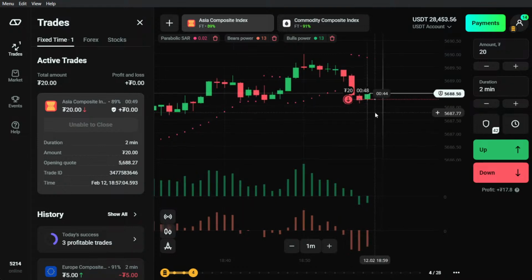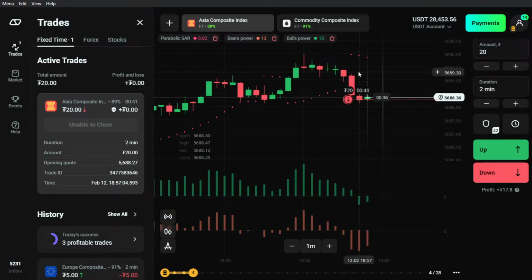See the movement. Now you tell me, what is the fault of the poor confrontation strategy? It gave a proper signal. Even the parabolic is saying a downtrend, even the bear power is strong, even the bull power is strong, right? It is below the zero line. So this was a very good signal, but the market volatility is next level today.